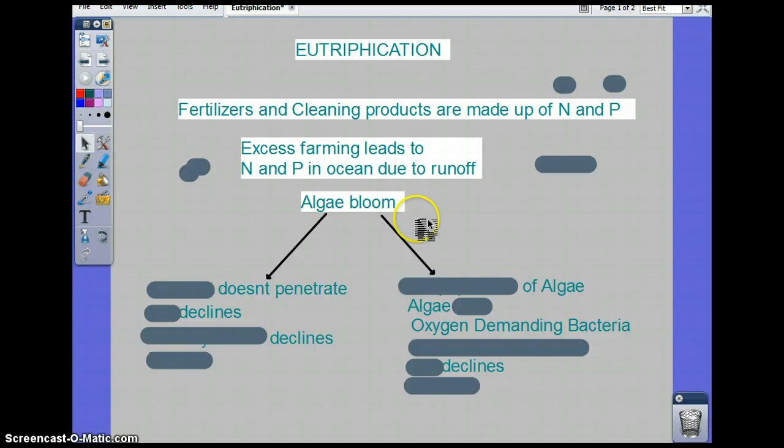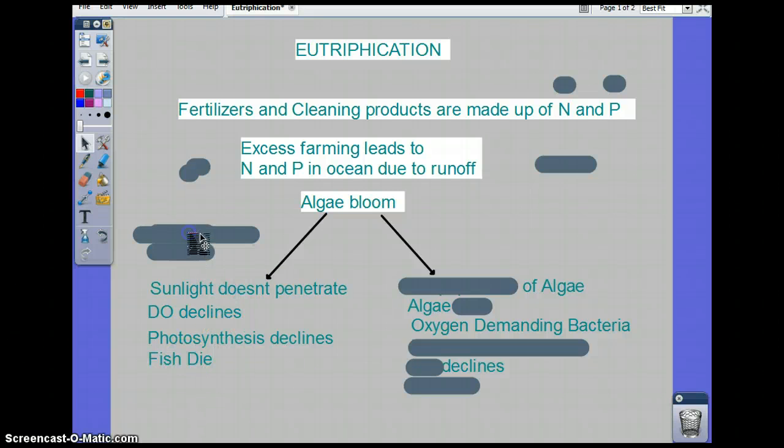So this leads to algae bloom, and two things can happen once algae blooms. The ability of sunlight to penetrate throughout the whole ocean decreases. So dissolved oxygen levels will decline because there will be less photosynthesis. So photosynthesis declines, leading to less dissolved oxygen, and in turn fish die because fish need oxygen to survive.